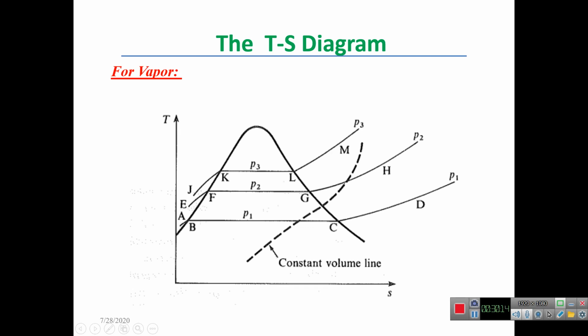This is usually referred to as the latent heat of evaporation, and all this heat which you are supplying to the water is being consumed in order to change the phase of the fluid from a fully liquid phase to a fully vapor phase or dry phase at C, for this from B to C, and from F to G, from being liquid at F to being gaseous or fully vapor at G, and from being liquid at K to being vapor at L at a pressure P3.